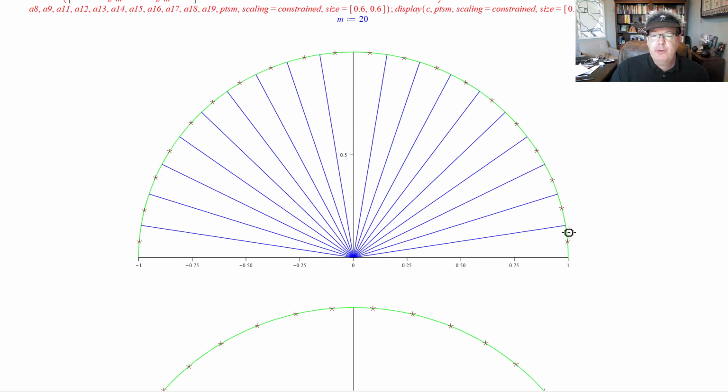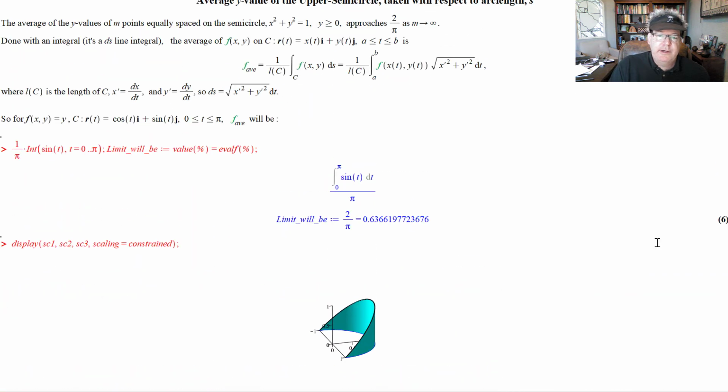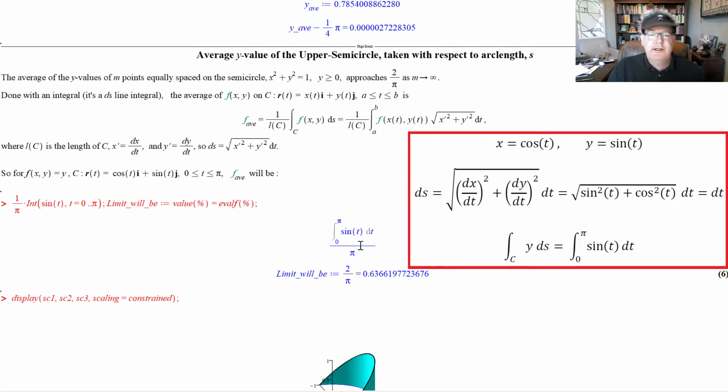So if I put 20 points equally spaced along the curve, that looks like this. Now, what it's going to converge to is the integral y ds, and that's going to be 2 over pi. And that's a smaller value, 0.64, as opposed to 0.78. So you get a different average.